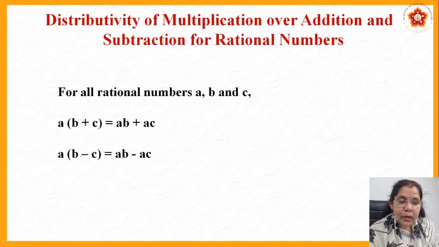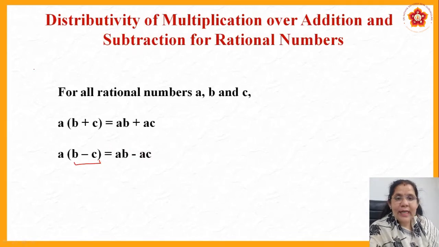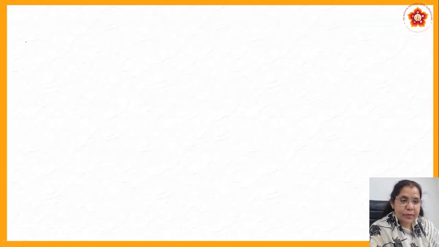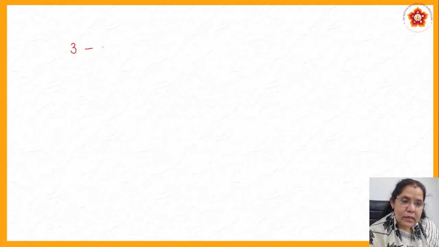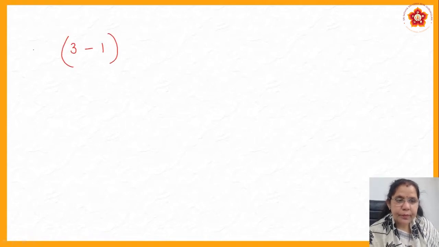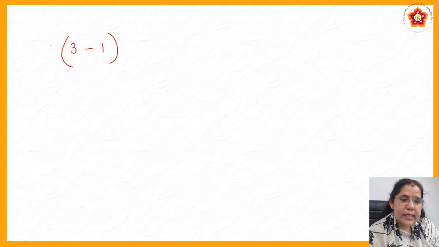Similarly, A into B minus C is equal to AB minus AC. In order to understand this distributive property, let's take some example. For example, we have 3 minus 1 and this is multiplied with 5.